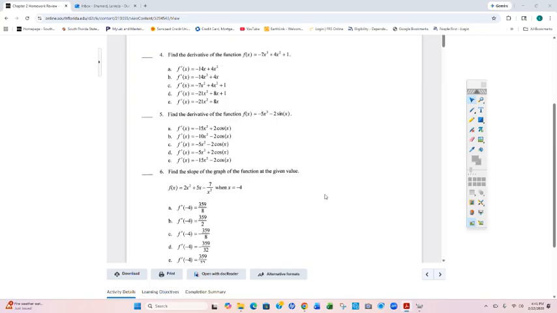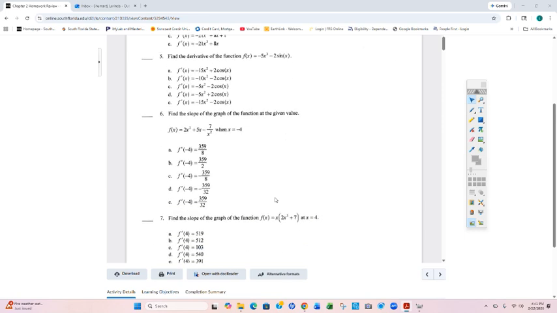Answer D, f prime of x equals negative 21x squared plus 8x plus 1. Answer E, f prime of x equals negative 21x squared plus 8x. The correct answer for number 4 is E. That came from section 2.2.